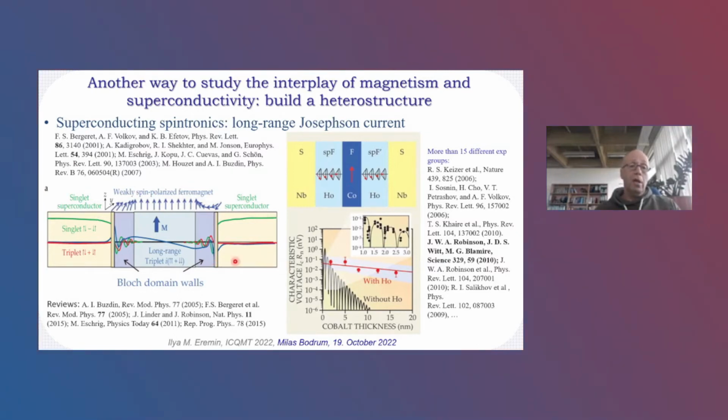This is, for example, one of the early experiments, where you have two superconductors and a spiral ferromagnet, holmium, with rotating magnetization, and a ferromagnet, cobalt, where you can clearly see that without holmium, so without this spin spiral, your Josephson current is strongly suppressed.